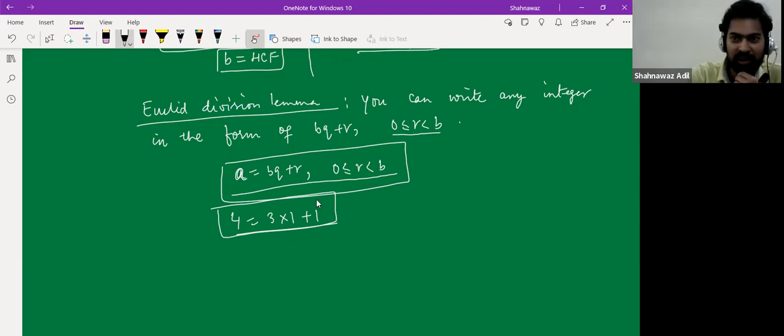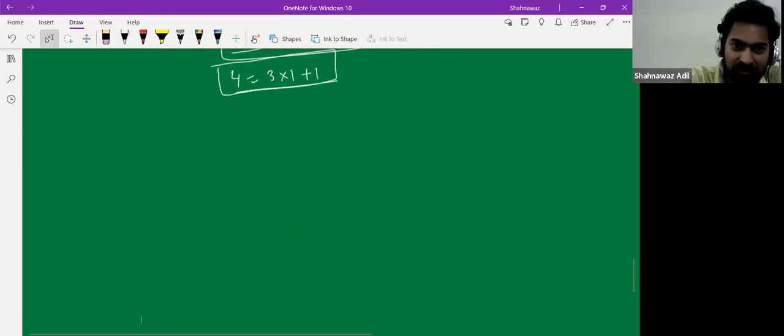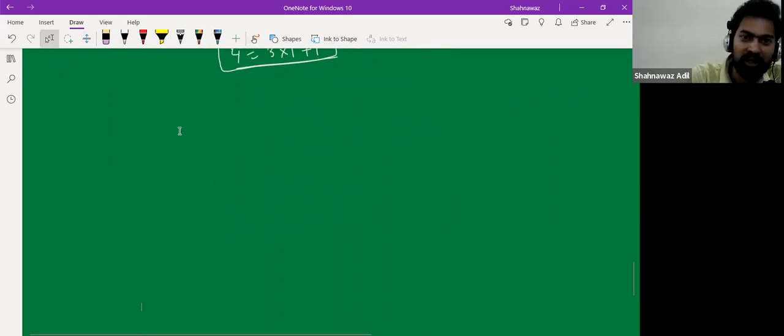CBSE, right? So if they have skipped exercise 1.1 in Rizwan's class, let me assume they will skip it in your school as well. And if they do, then I will teach you about this Euclid division. So I'm skipping exercise 1.1.